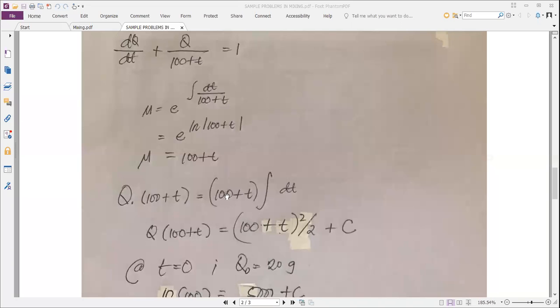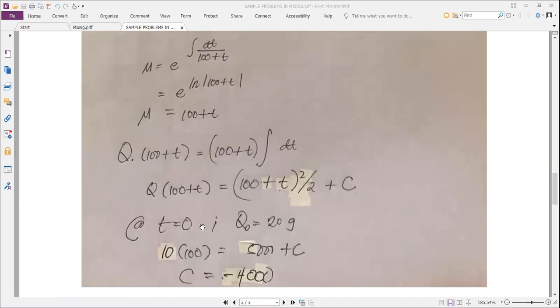You can also do that by having 100t plus t squared over 2, but that's difficult. That would make complications because you have an expression on the left side which is 100 plus t. So you want to make sure that the expression in association with it is also in the same form. That is why we have to integrate this side as a whole: 100 plus t quantity squared over 2.